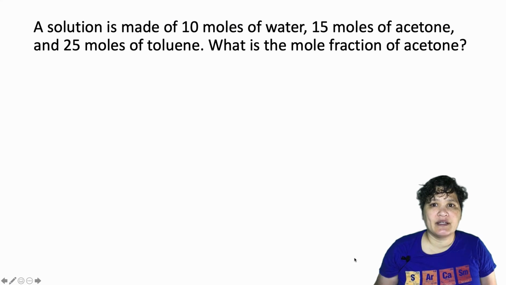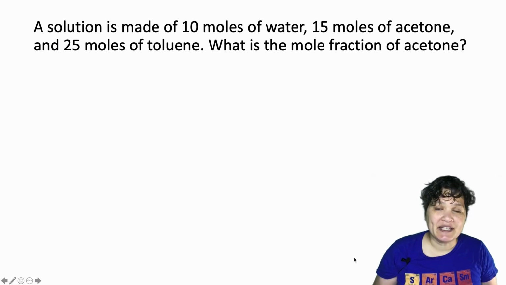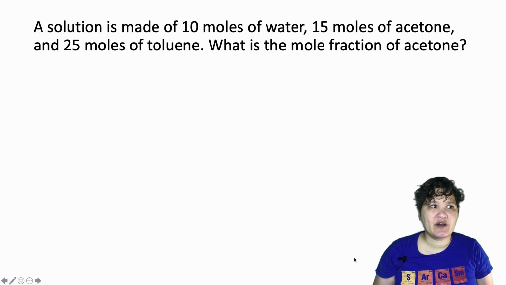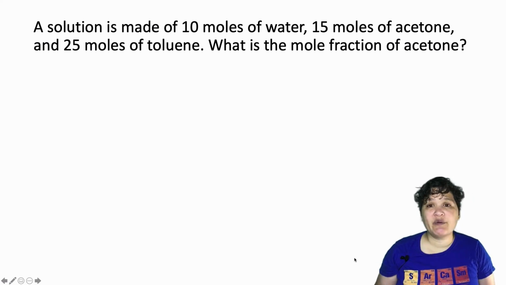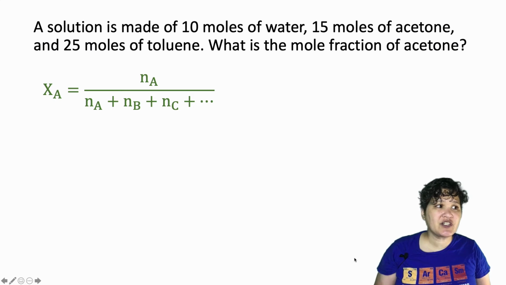All right, now let's do a slightly more complicated thing, and just so you know, we can keep scaling this up forever. We can keep throwing things into our solution. Here we have a solution that's made up of water, acetone, and toluene. And we want to find the mole fraction of acetone. So generic equation, let's make it personalized for our situation.